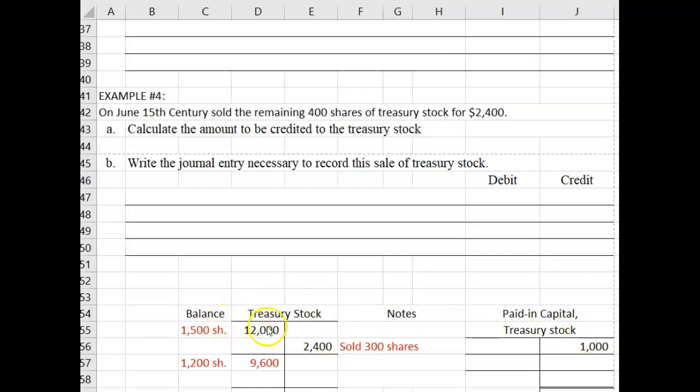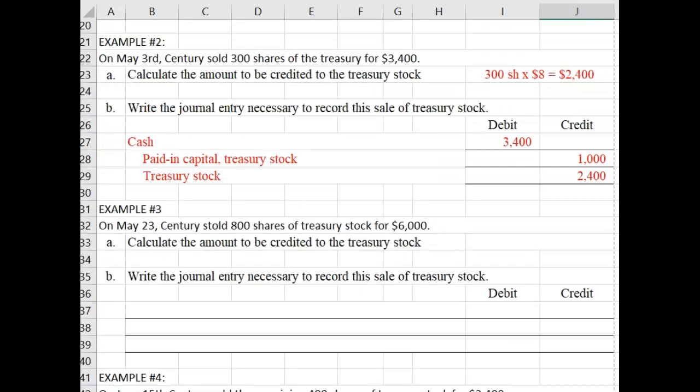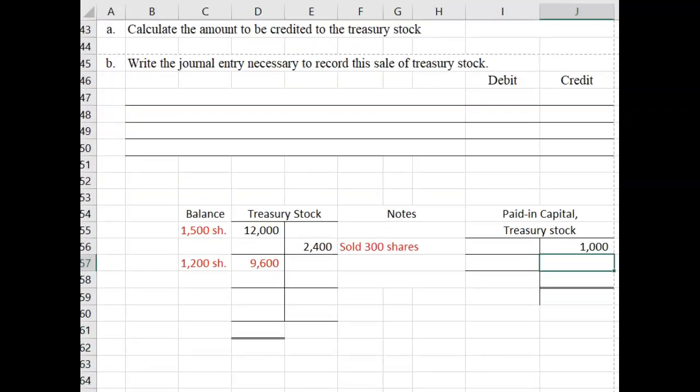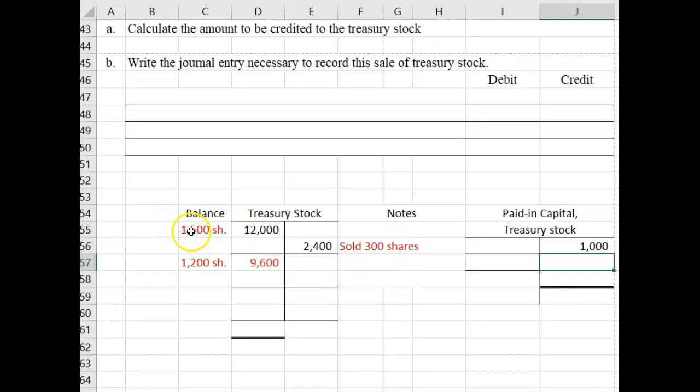This $12,000 debit to the treasury stock account came from the very first journal entry we wrote, debit treasury stock $12,000. And that was for purchasing 1,500 shares of the company's own stock. So I made a notation here that we have 1,500 shares of treasury stock with a debit balance of $12,000.